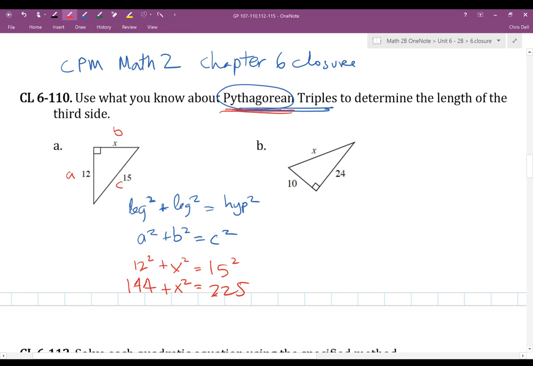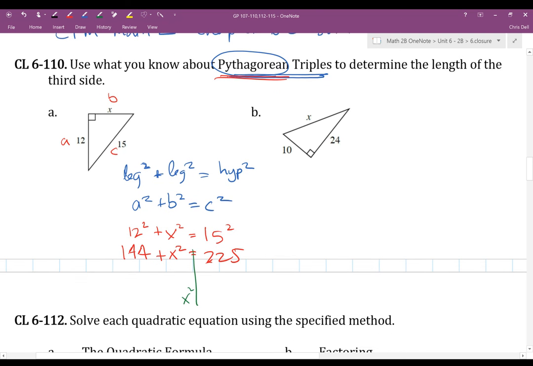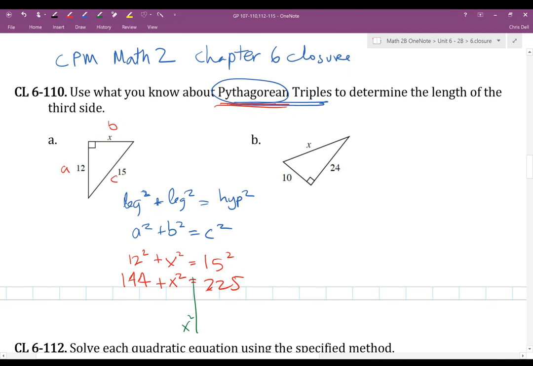To figure out x, I want to isolate my x squared, so I subtract 144 from both sides to get my x squared alone, and you end up with x squared equal to 81.